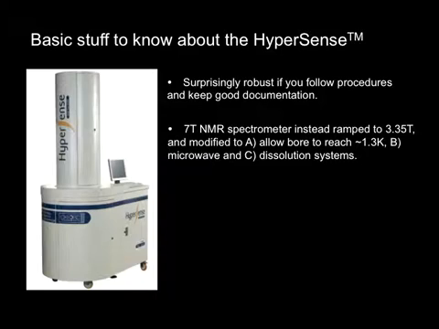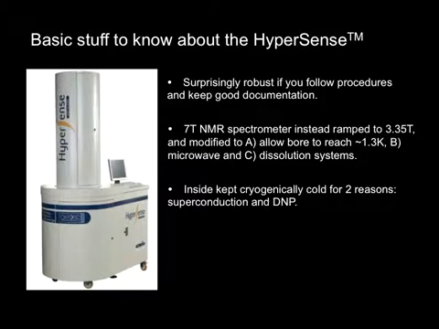Number one is that this system has been modified to allow the bore of the NMR magnet to reach a very low temperature, to facilitate the DNP process, so we get the polarization of electrons at that temperature. And then, of course, we have the addition of the microwave system to transfer polarization from those electrons to the carbon-13 nuclei. And then third, we have this dissolution system, which was really the key breakthrough in Dissolution DNP, which has enabled us to get liquid state samples.